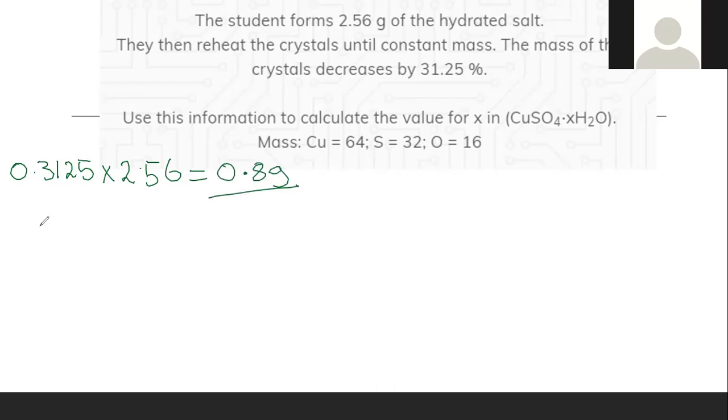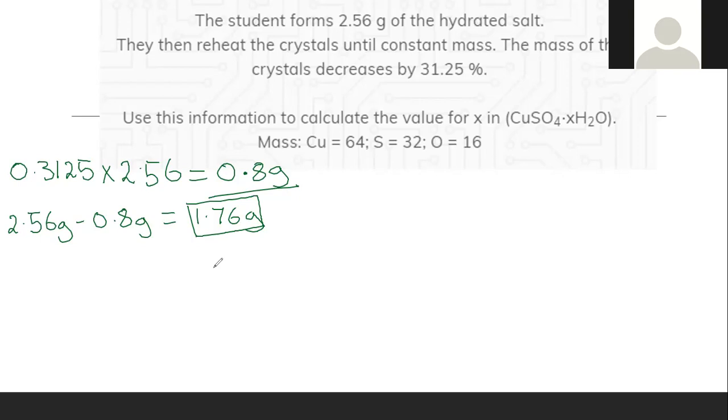So we need to now calculate our final mass. If we start off with 2.56 grams, we're going to take away 0.8 grams, which would give us 1.76 grams. So our final mass of the crystals is 1.76 grams.